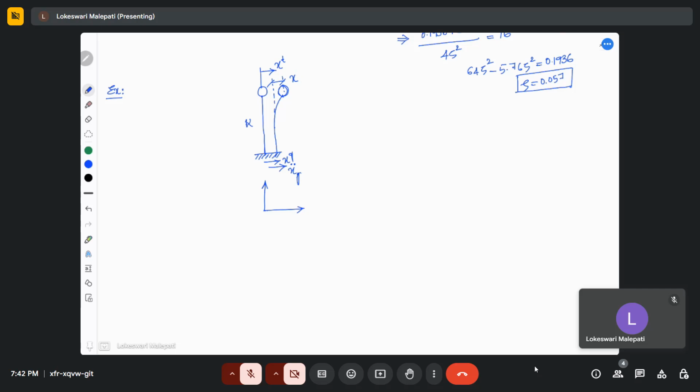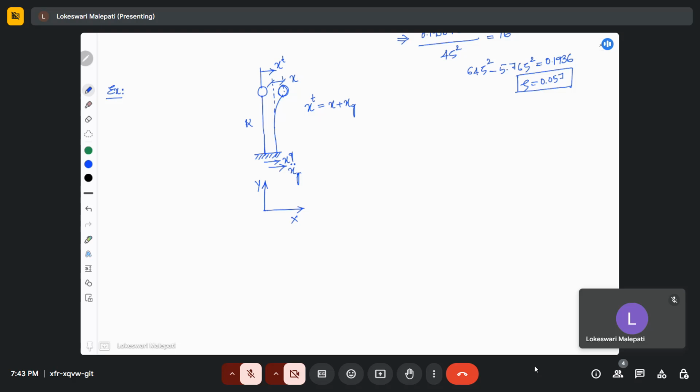Let's call this x. So the total displacement is x plus xg. This is the displacement of the ground with respect to this frame of reference, the so-called inertial frame of reference.